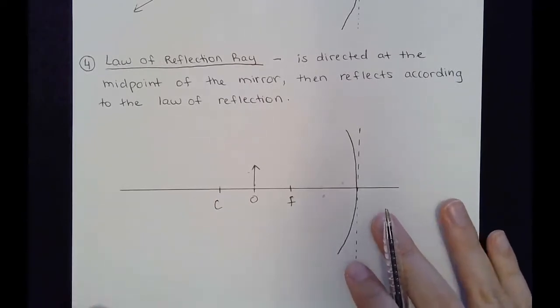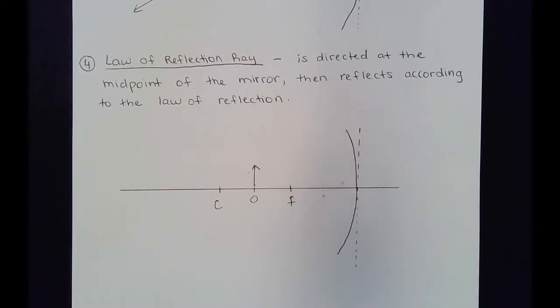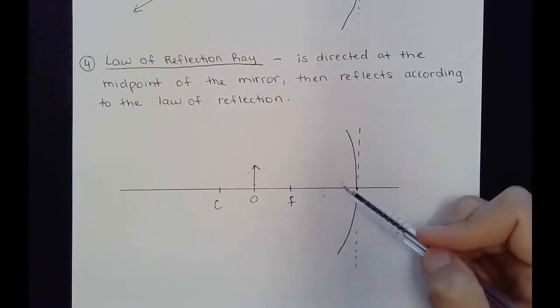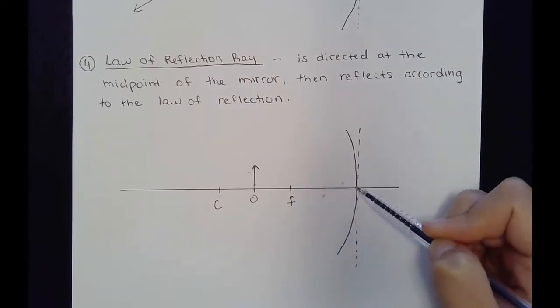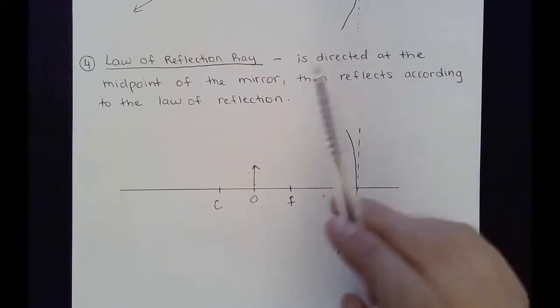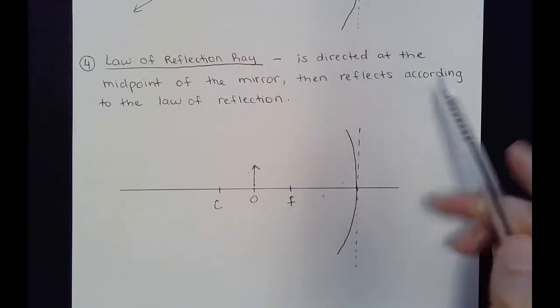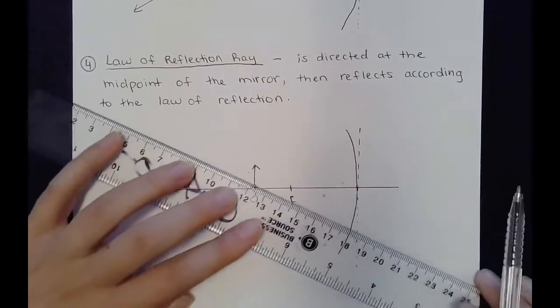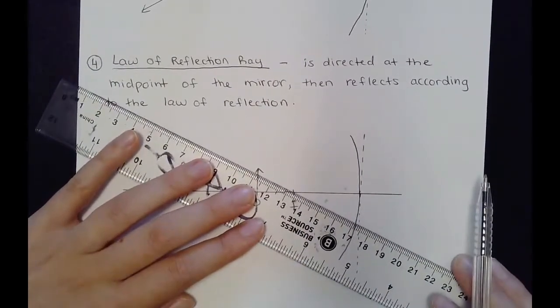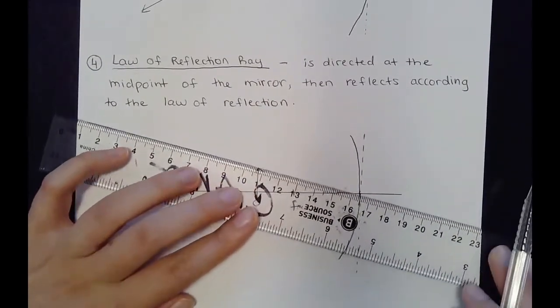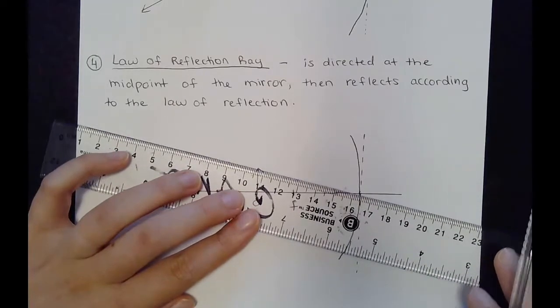Okay, and then our last ray here, number 4, is the law of reflection ray. All of these rays follow the law of reflection. It's not always easy to see if it's not a flat mirror. For this one, we can see it fairly easily because it's going to hit the midpoint of the mirror. So this one is directed at the midpoint of the mirror, then reflects according to the law of reflection. So it's going to go from the top of the arrow to this midpoint along the principal axis.